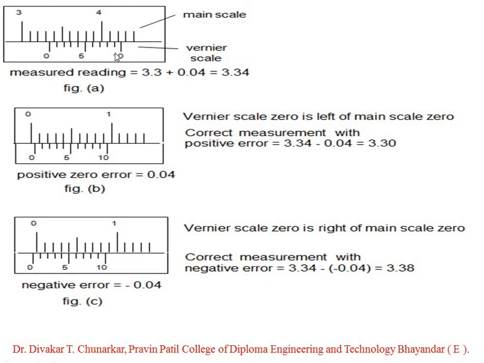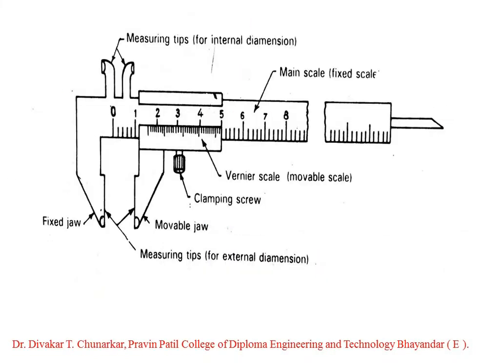When the two jaws are fixed to each other, and at that time the vernier scale line goes on the right side, there is positive error, keep in your mind.